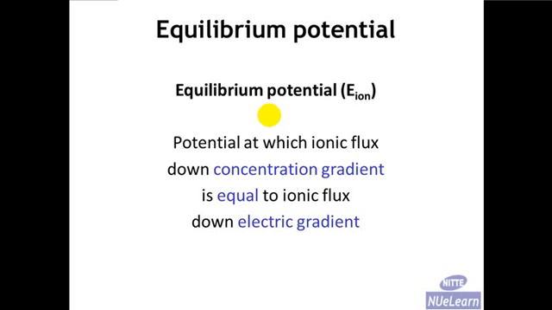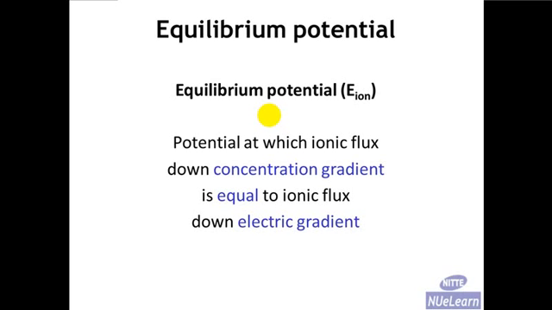And the potential at which equilibrium is reached is referred to as equilibrium potential. So the equilibrium potential for any ion is the potential at which the ionic flux down the concentration gradient is equal to the ionic flux down the electric gradient.